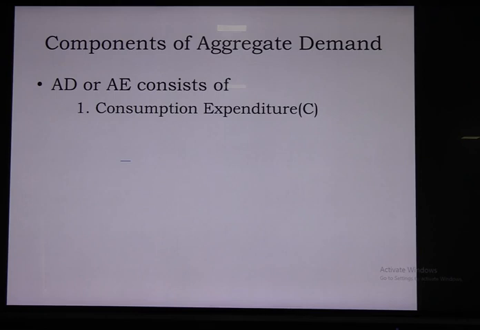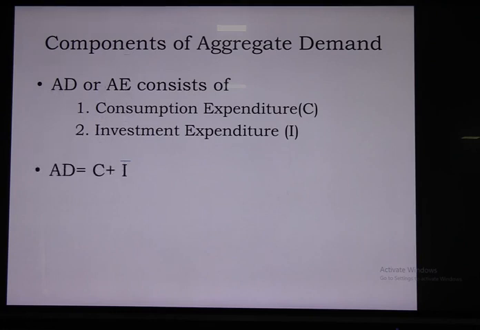One group is the household, known as consumption. The second group is the firm. The firm's demand is always investment demand. They need investment, not the goods. That demand is known as investment expenditure. So aggregate demand comprises two components, C and I, and we can make an equation: aggregate demand is equal to C plus I.